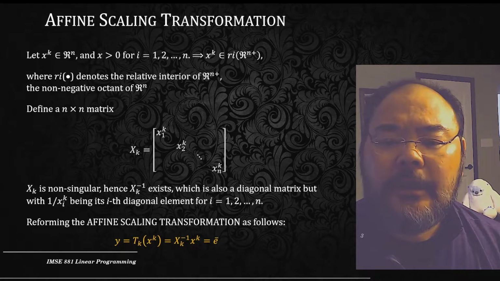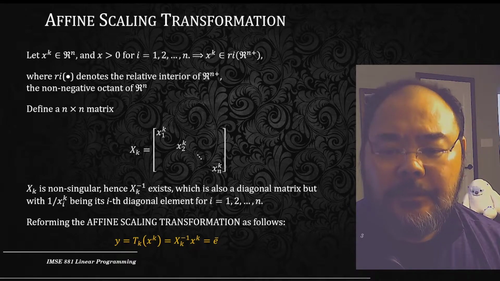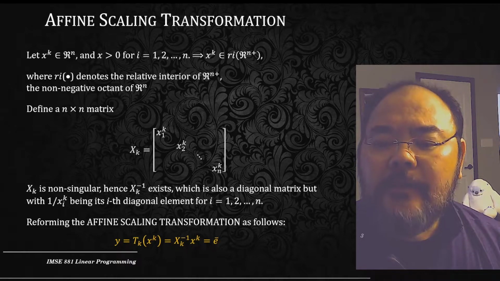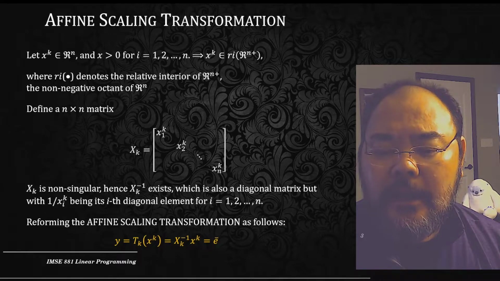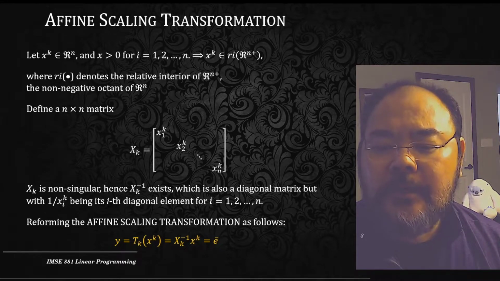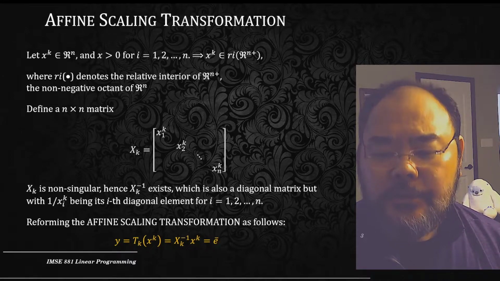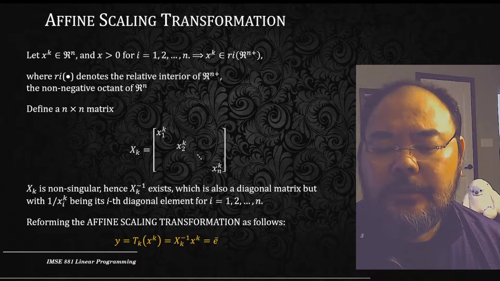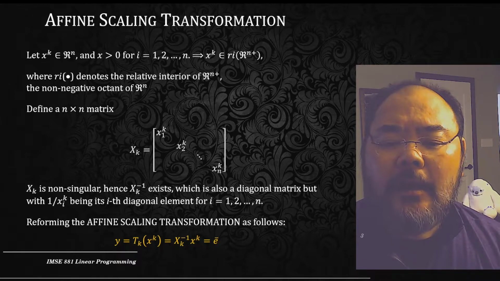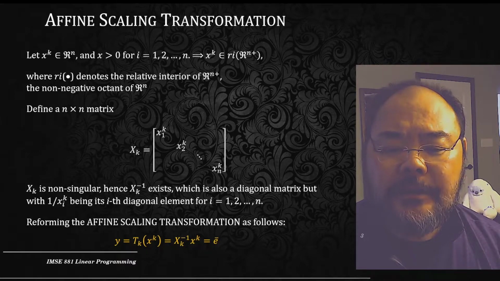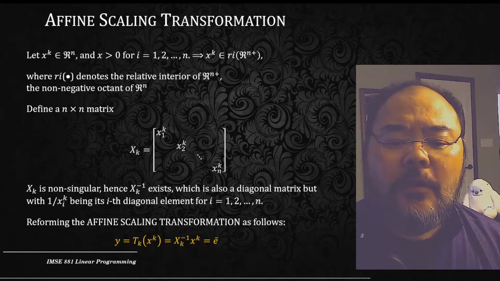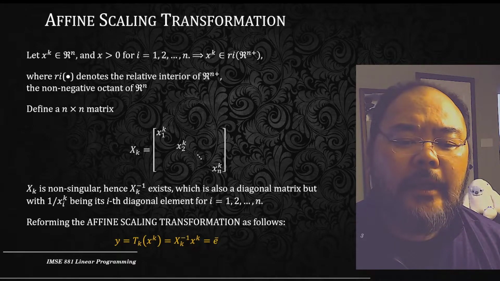Next, we're going to look at the affine scaling transformation. We define a current solution at iteration k, x sub k, belonging to n-dimensional Euclidean space, and all the x_i are greater than 0, positive, for all i from 1 to n.